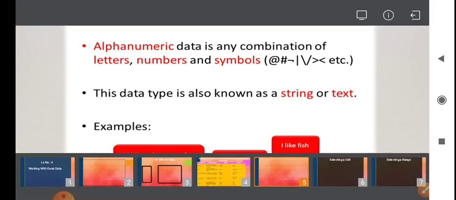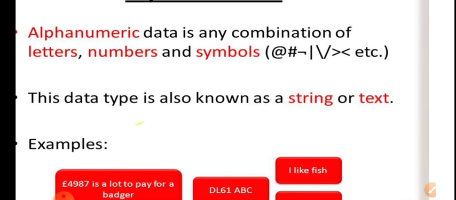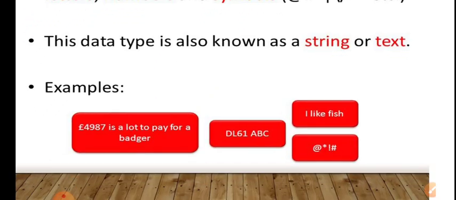Now see the example. That is a sign of pound. 4987 is a lot to pay for a beggar. DLC 61 ABC, I like fish, or you can say at the rate, hash, exclamation mark, hash, star mark.